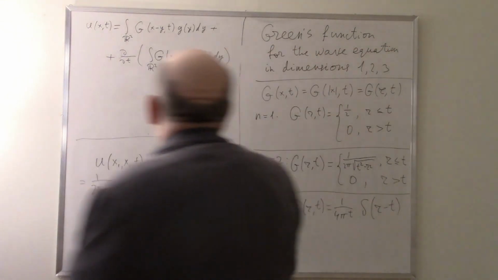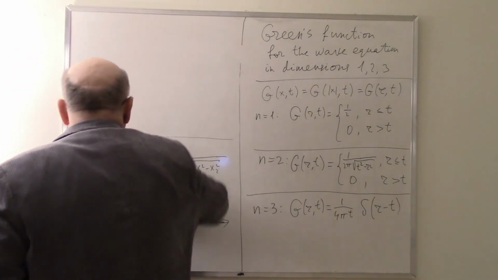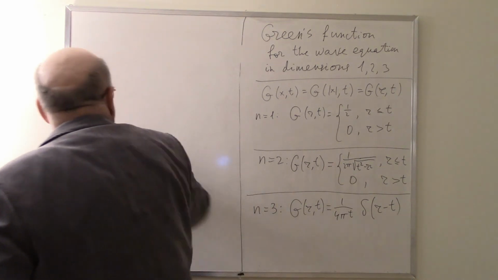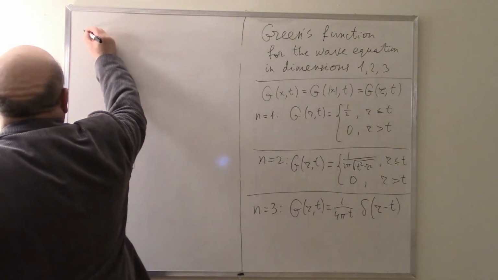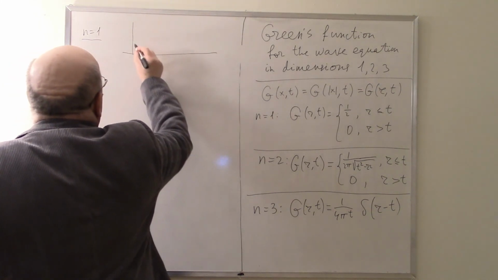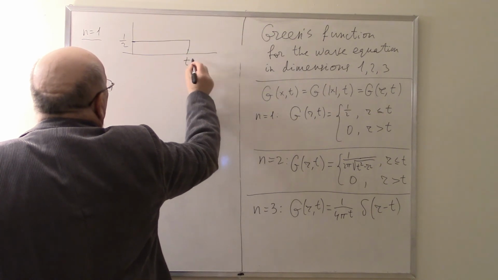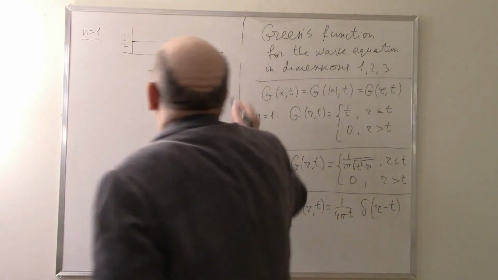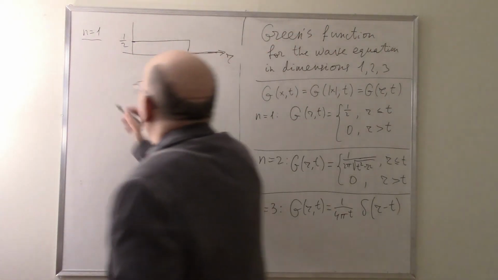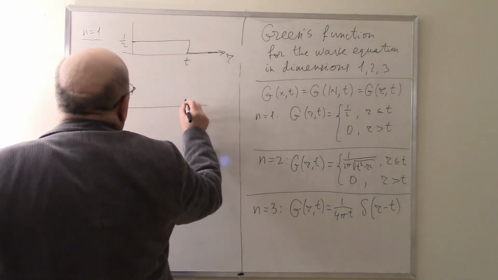So let me draw the picture. N equals 1. It is 1/2, it is t, and here it is 0. So we have this. N equals 2. It is t.